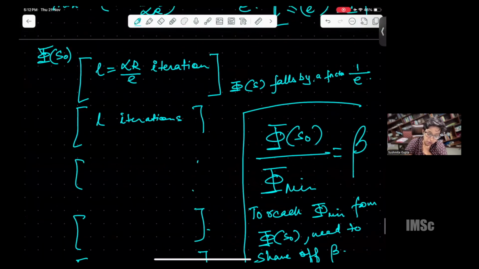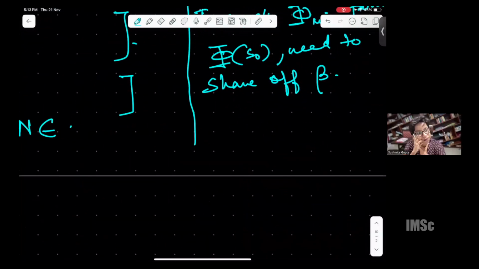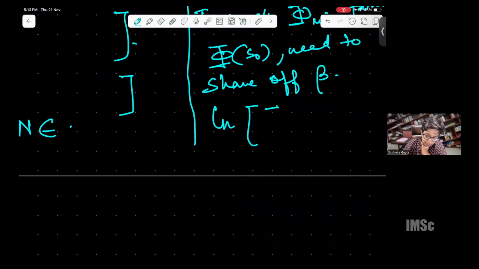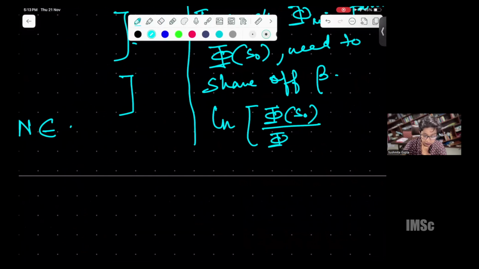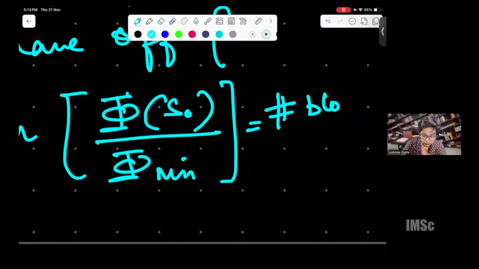Given that each of these blocks lets me shave off a constant factor 1 by e, how many blocks would I need then? The number of powers of 1 by e to get beta. So in other words, it should be ln of beta, right? Yeah. Correct? That's the number of blocks.